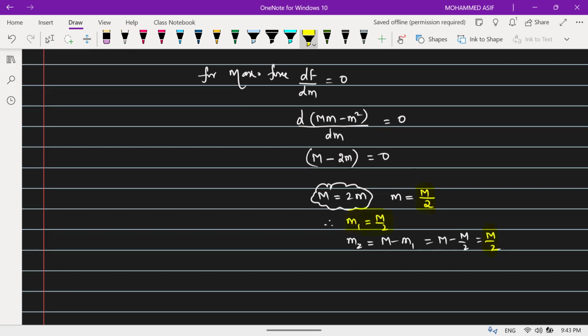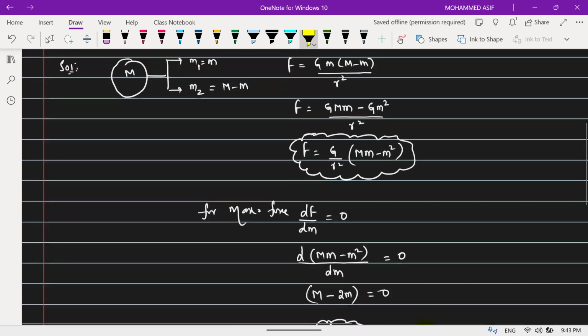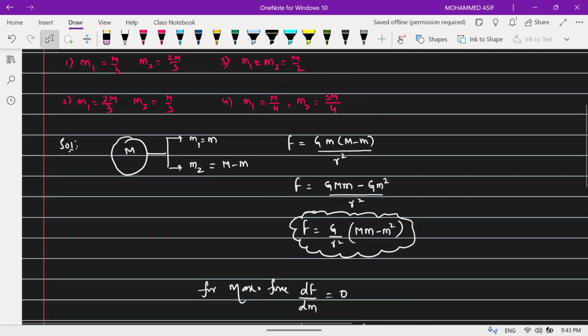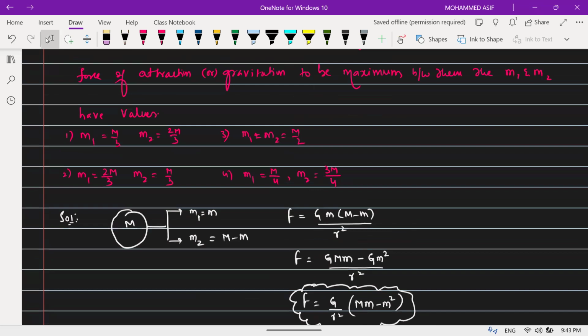So M1 is equal to M by 2 and M2 is also equal to M by 2. Am I clear? Very good. So the answer is that M1 and M2 must both be equal to M by 2.